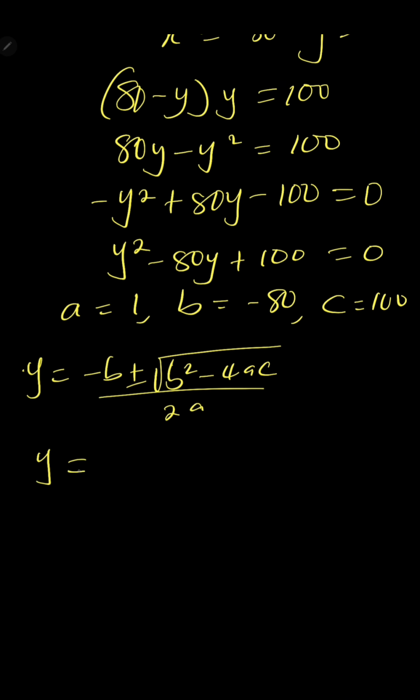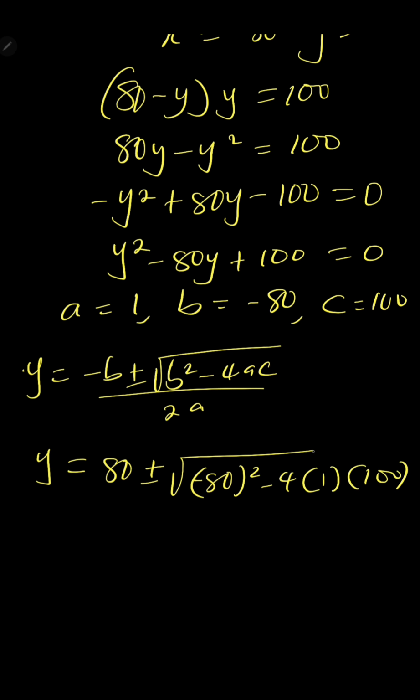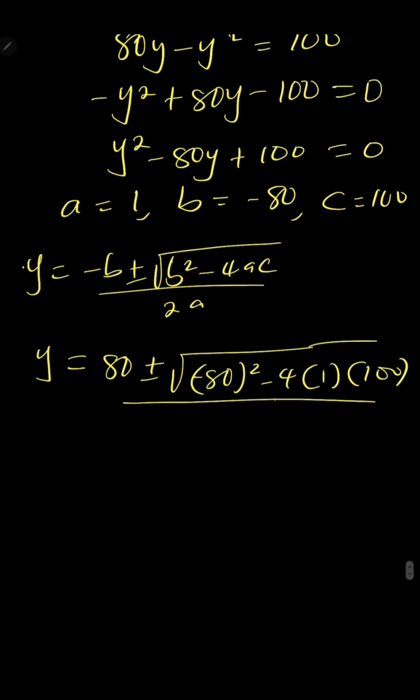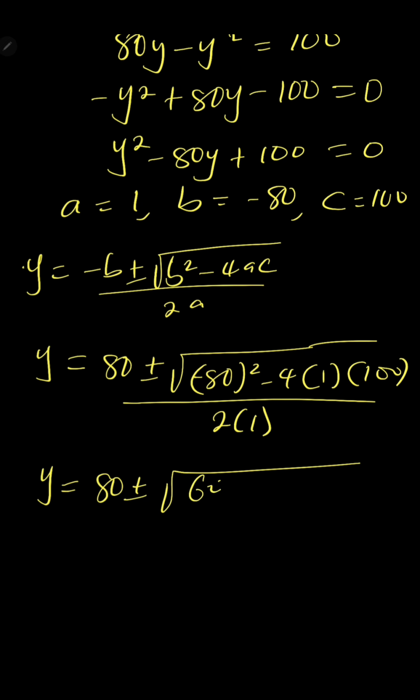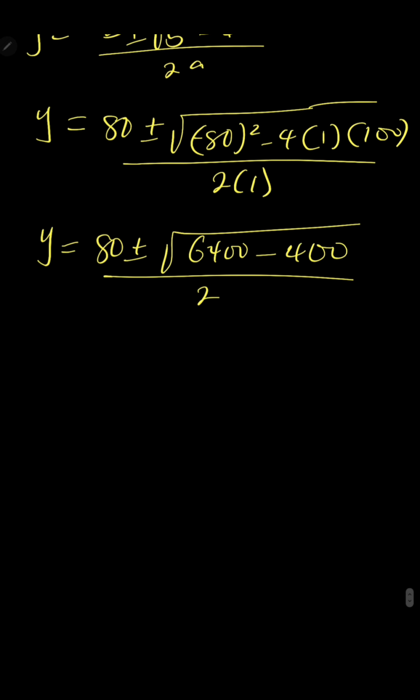So y becomes minus b, which is 80, plus or minus square root of b squared, 80 squared, minus 4 times a, 1, times c, 100, everything all over 2a, which is 2 times 1. So y will be 80 plus or minus square root of 80 squared, which gives us 6,400, minus 4 times 100, which is 400, everything all over 2.